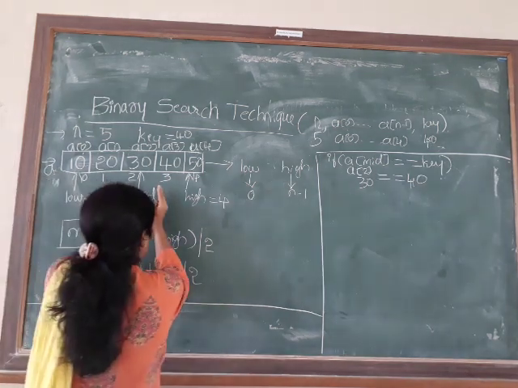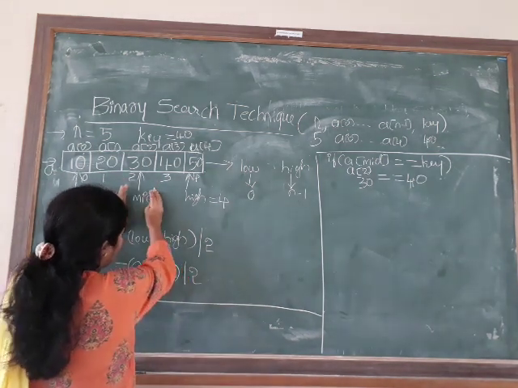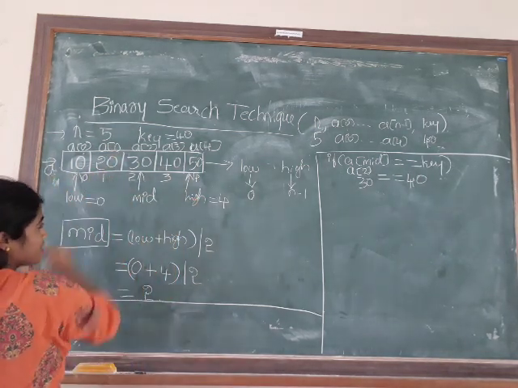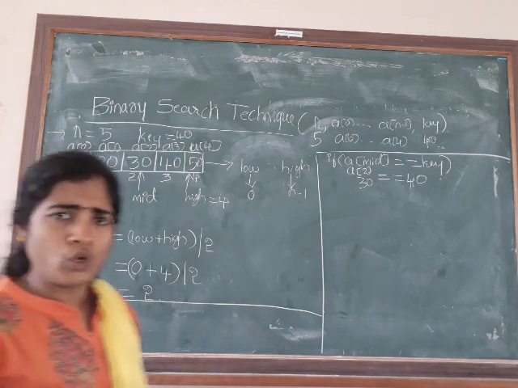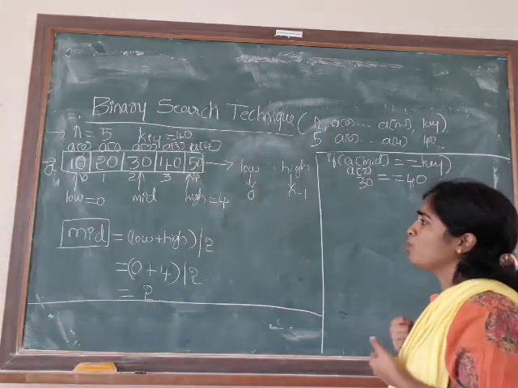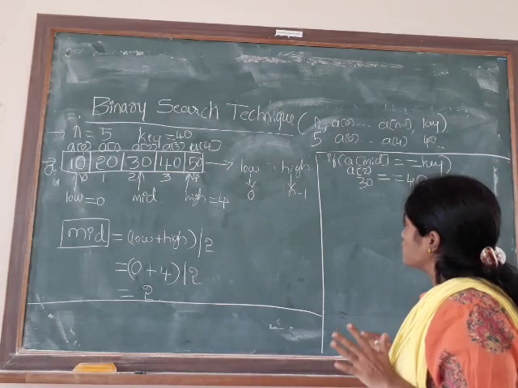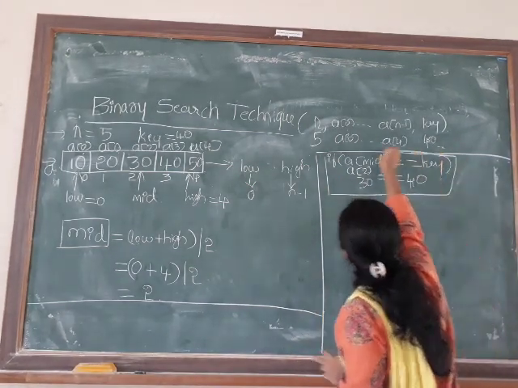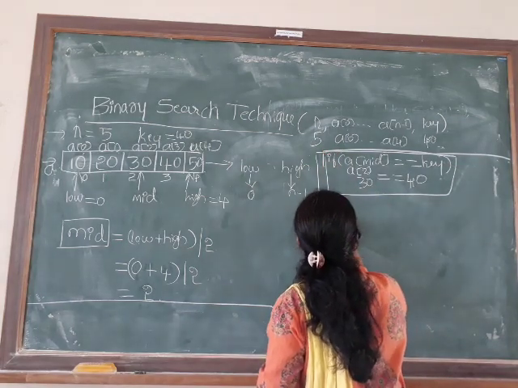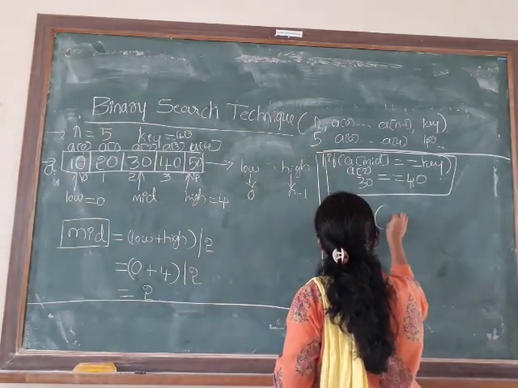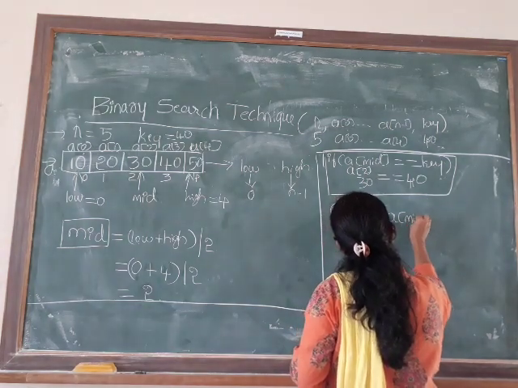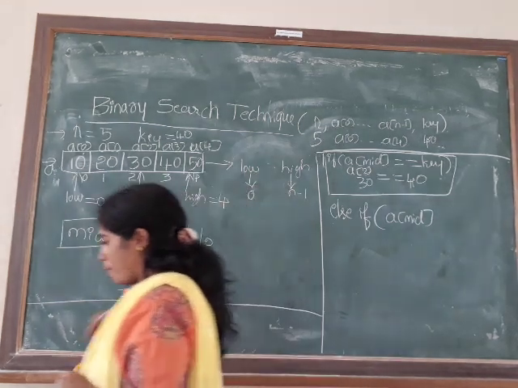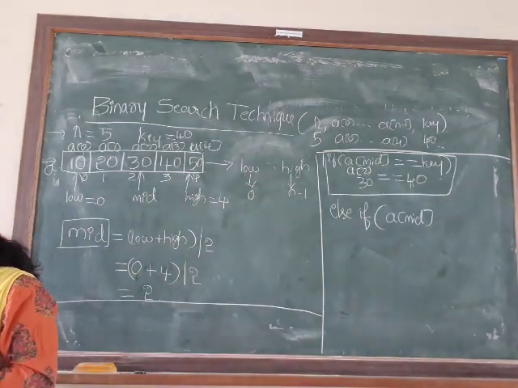You should move the mid in such a way that it may come here or it may go here based on the element to be searched. Then madam, how to move? It is very simple. Please all of you concentrate. If this particular condition becomes false, you have to go for another condition, else if A of mid. Can anybody think what else if condition I can take?